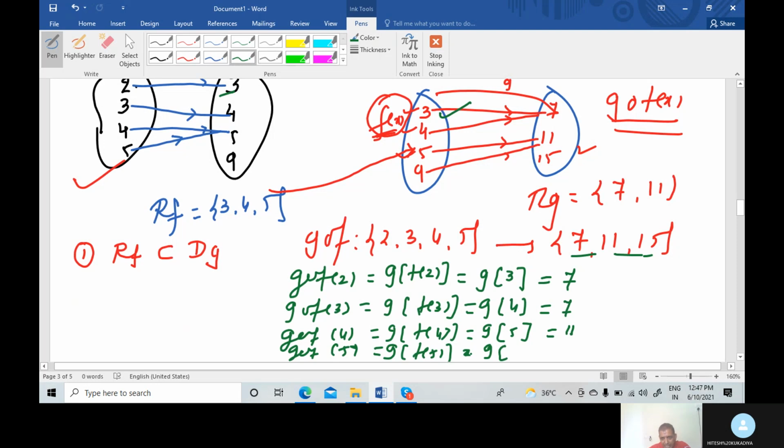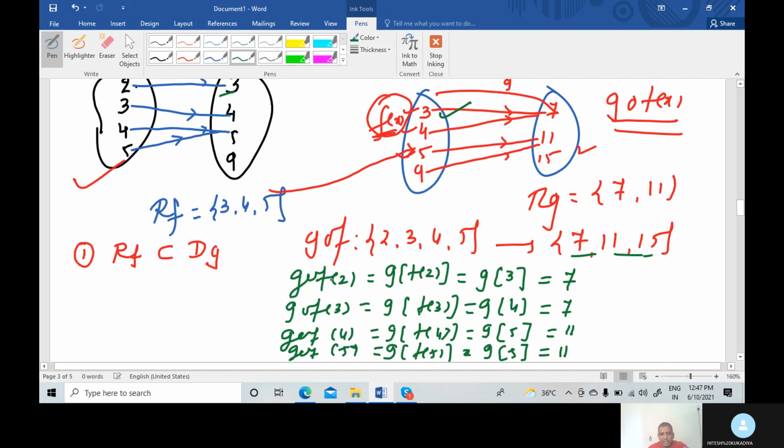F5 answer is again 5, and G of F5, G5 answer is again 11.